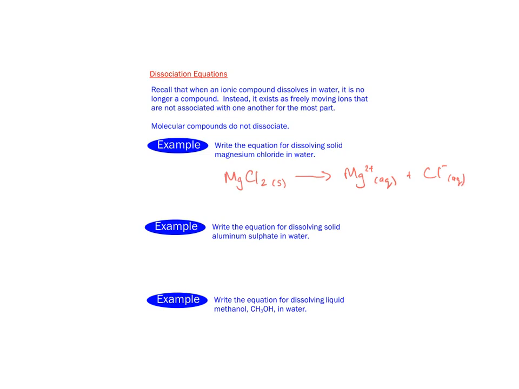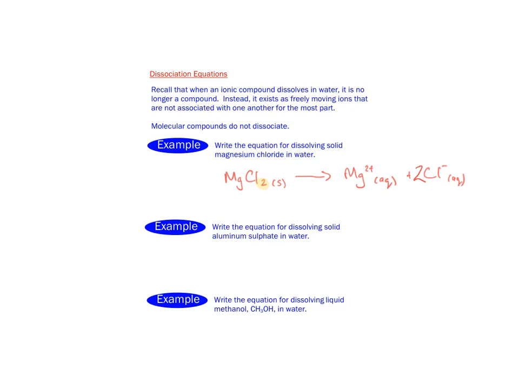Now, because of the 2 that's right there, it means that we need to also put a 2 in front of the chloride ion right there. Okay? All right, moving on to the next one.